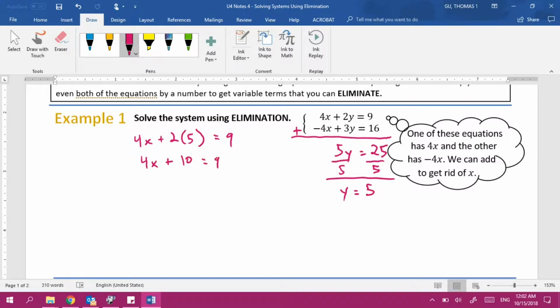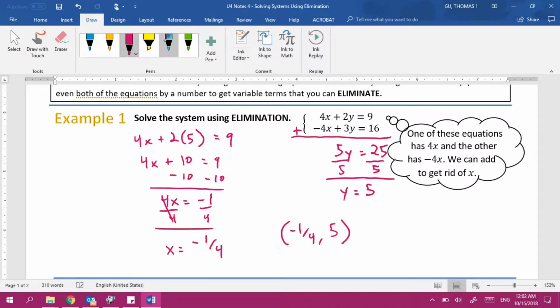Subtract 10 from both sides, which leaves 4x equals negative 1. Then divide both sides by 4, which leaves x equals negative 1 over 4. My final answer is a point, so parentheses, negative 1/4, comma, 5, close parentheses, and that is my answer.